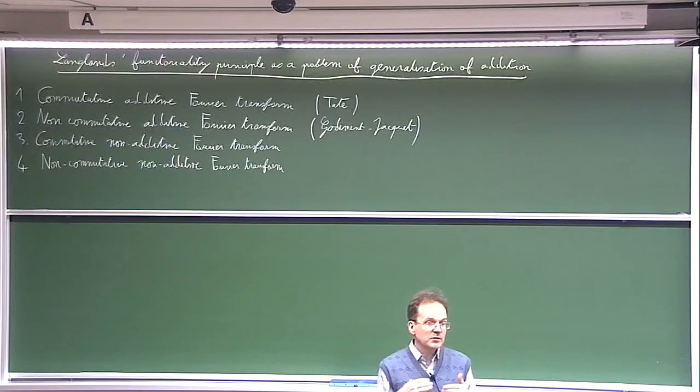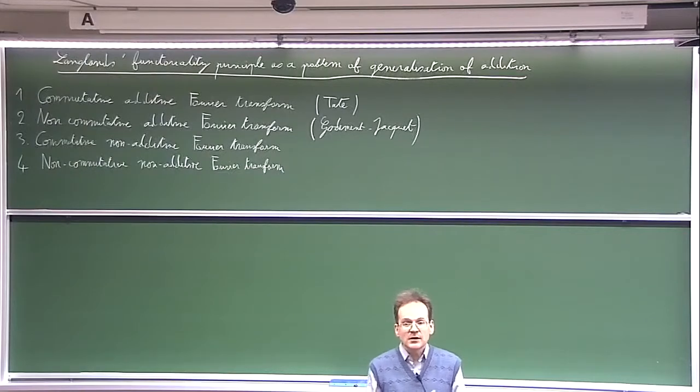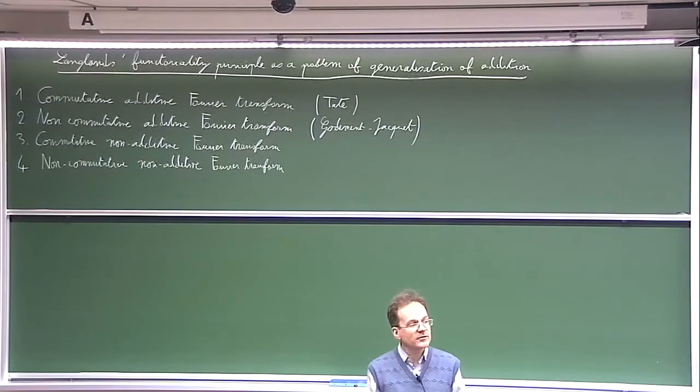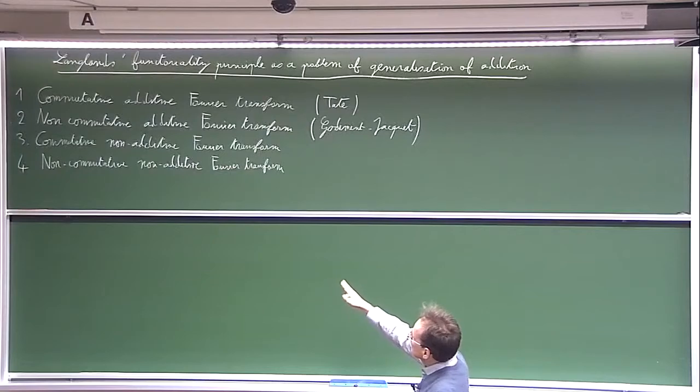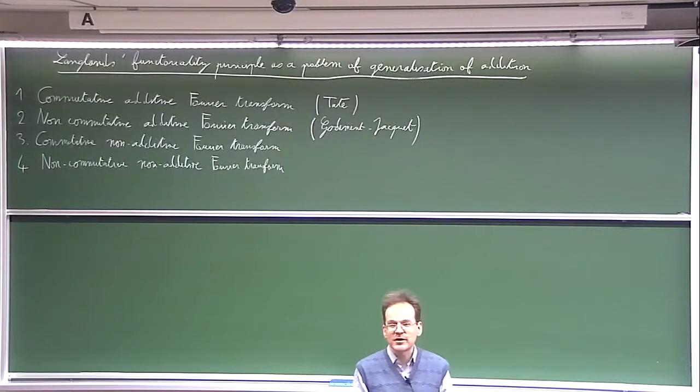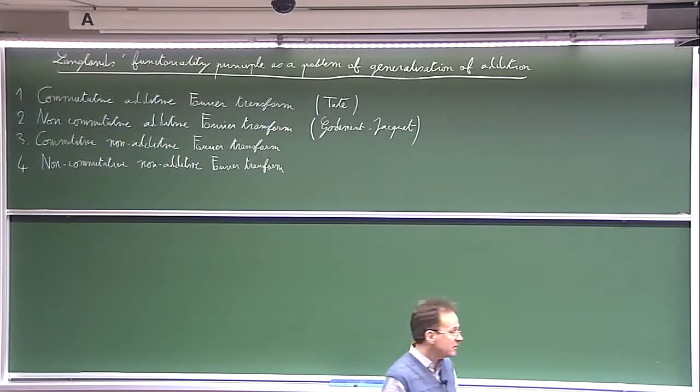So first I will begin with very classical Fourier analysis as it has existed ever since the 19th century. And then I want to explain that an equivalent way to talk about Langlands' comparability principle is to try to generalize this Fourier analysis in a setting which is both non-commutative and non-additive. So I will explain a little later what I mean.